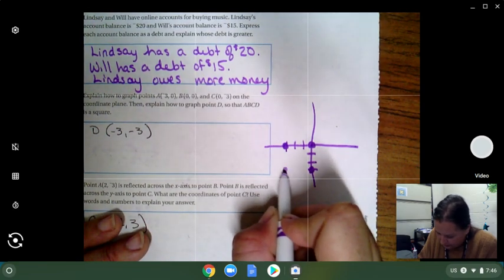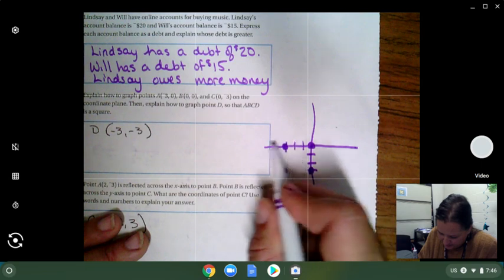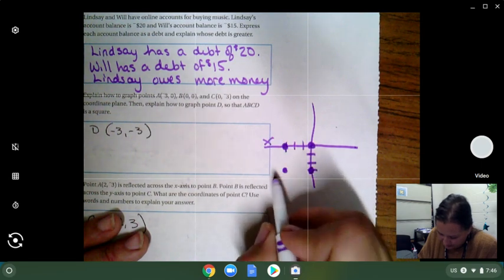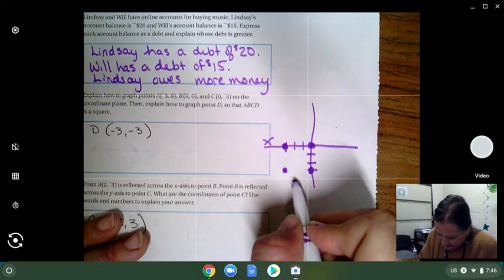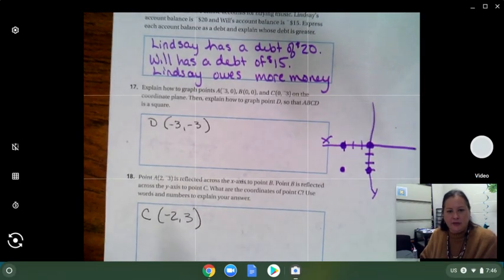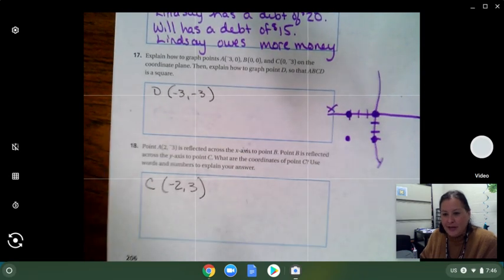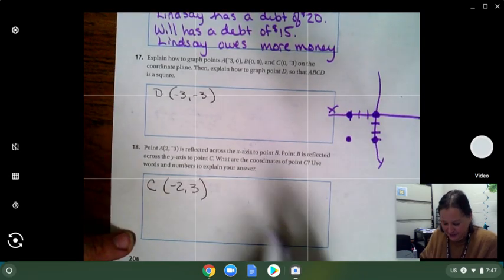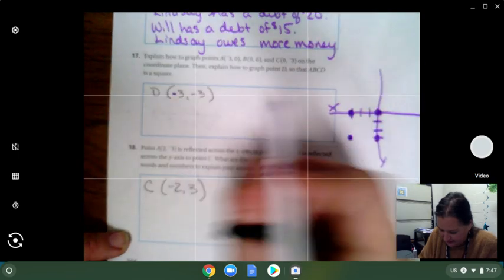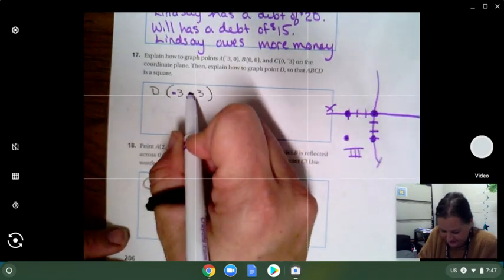And so we will need a point right here in order to complete that. So we always do the x-axis first, a -3 on the x-axis, then a -3 on the y-axis, and that point would be D, -3, -3. Make sure you have those negative signs because that is in the third quadrant. Both of those should be negative.